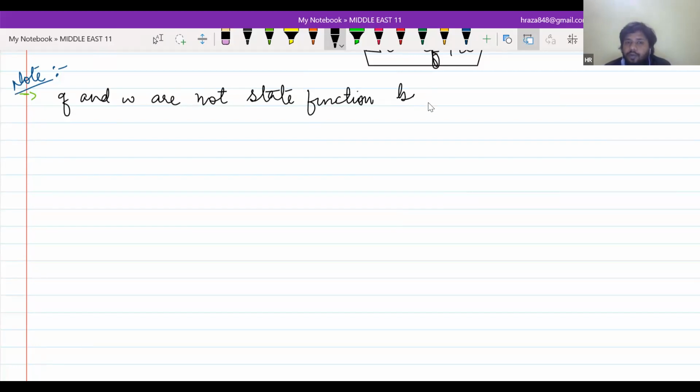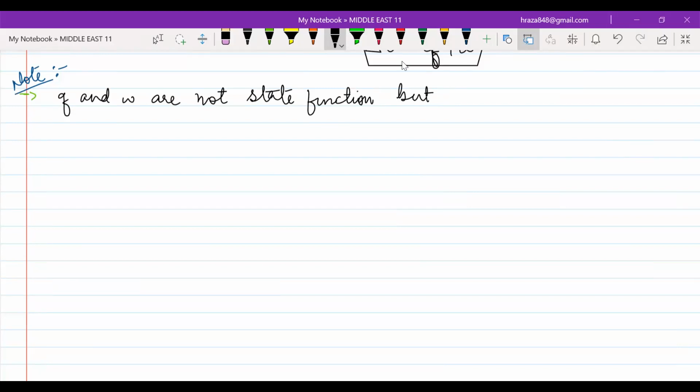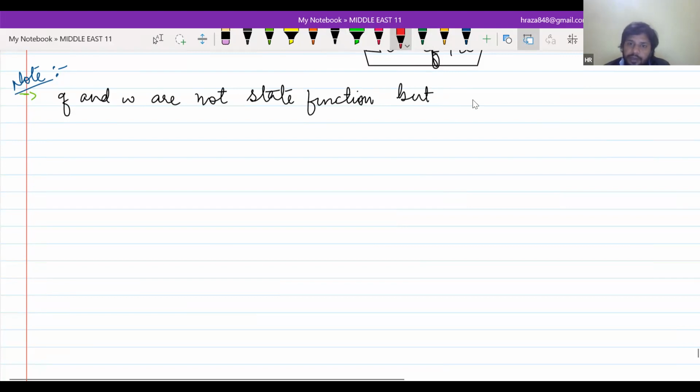But you know that Q plus W equals delta U. Delta U is equal to Q plus W, and delta U is a state function, not a path function. So I'm writing here, Q plus W is a state function.